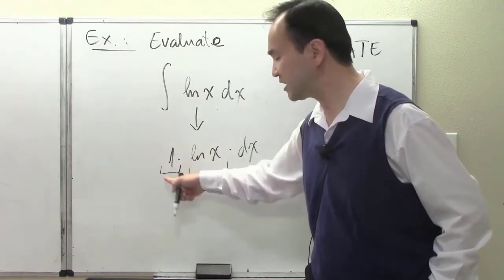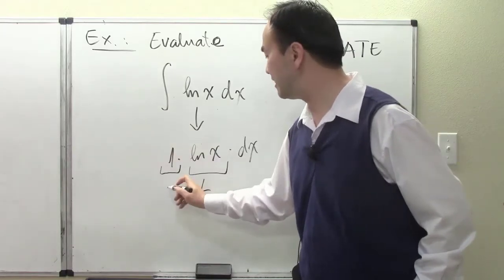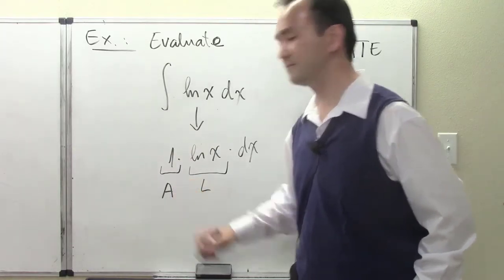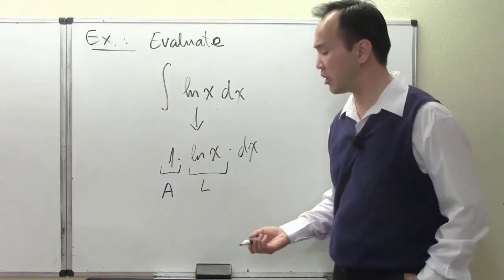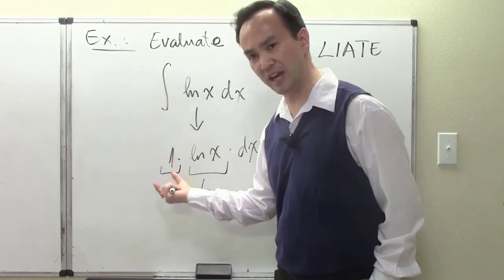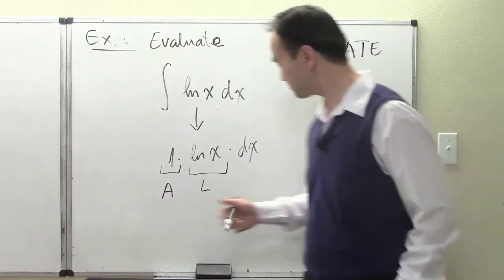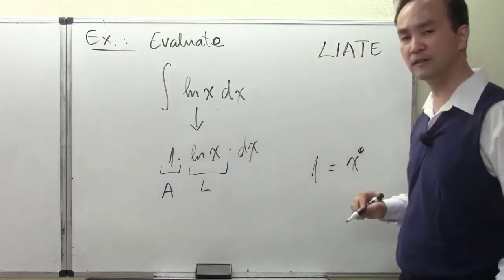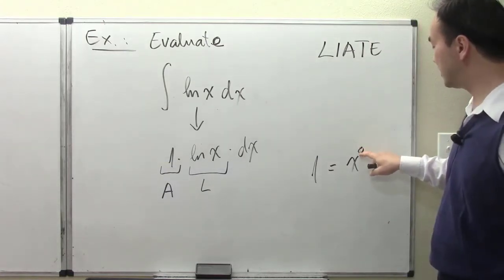This constant function is clearly a member of the algebraic functions family, because a constant function is a power function, power 0. 1 is the same as x to the 0. We learned that all over in our differential calculus class.